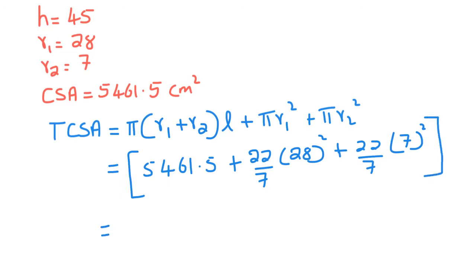When you do the calculation, it's going to be 8,079.5 centimeter squared. So this will be the total surface area of the frustum.